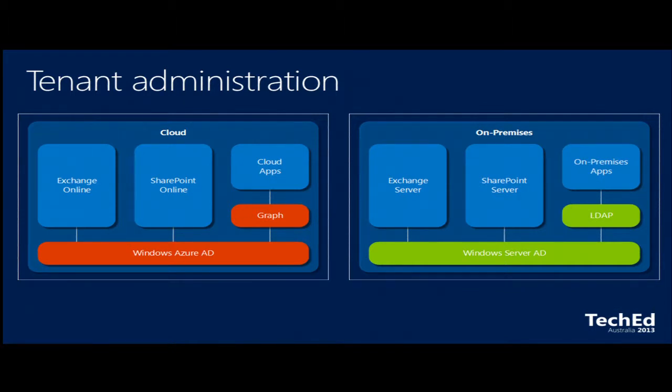And your cloud applications can use what's known as the Graph API, which is similar in theory or concept to the LDAP API, to query information about users at runtime, maybe to control access to certain areas of your applications. So it's quite a similar model. It's not a major shift to go from an on-premises mindset to a cloud one.